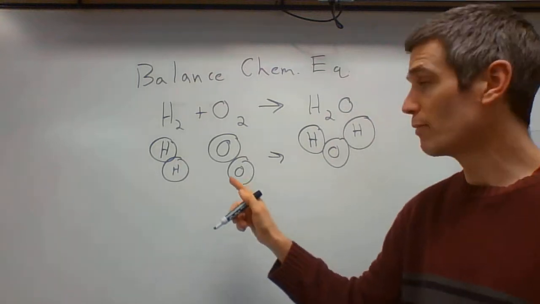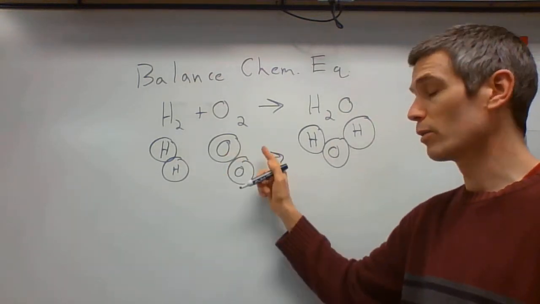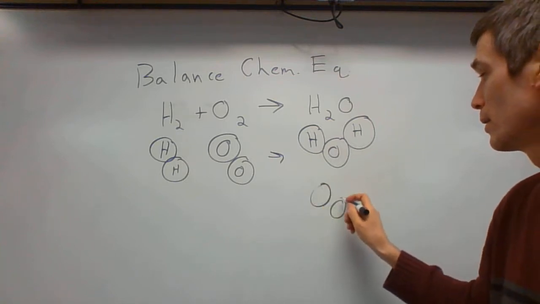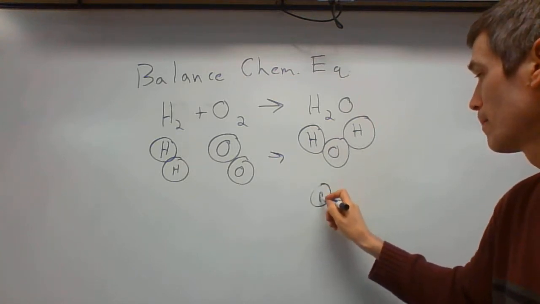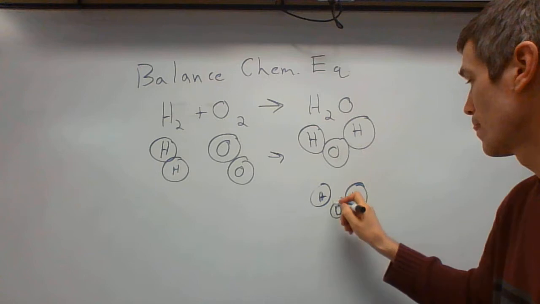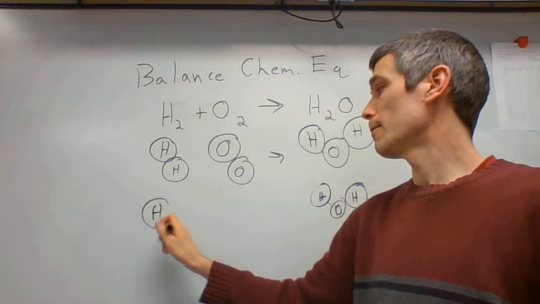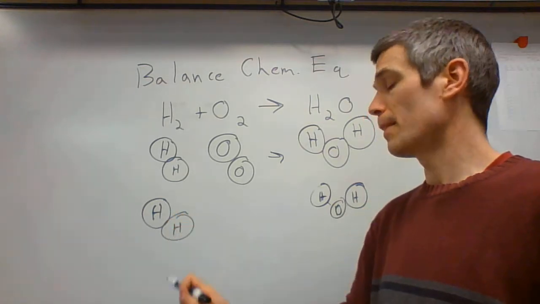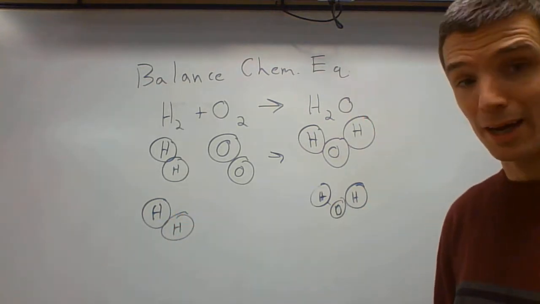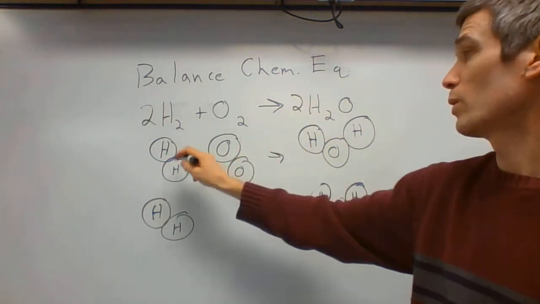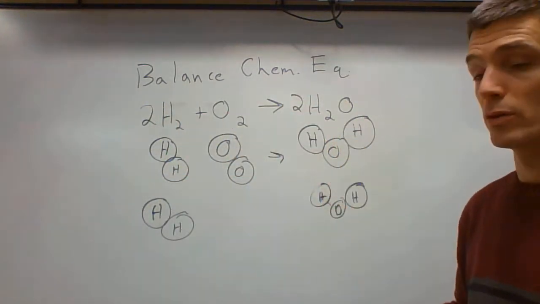I said that wrong. I have more oxygen on this side of the arrow, the reactant side, than I do on the product side. So I need another whole water molecule, and then another whole hydrogen molecule on the other side to balance it. And then I write in my coefficients, 1, 2, 1, 1, 2.